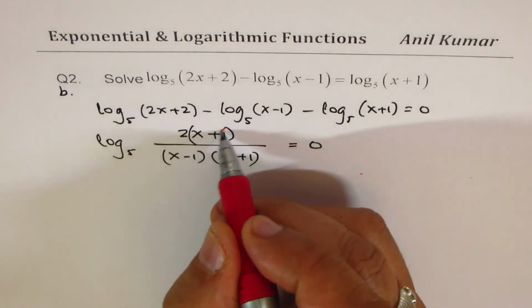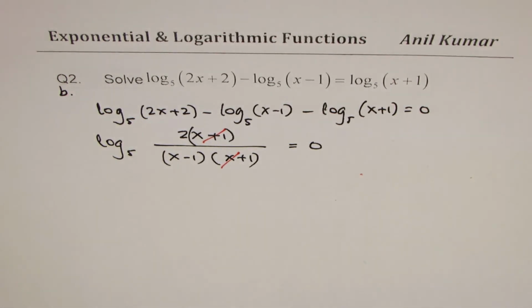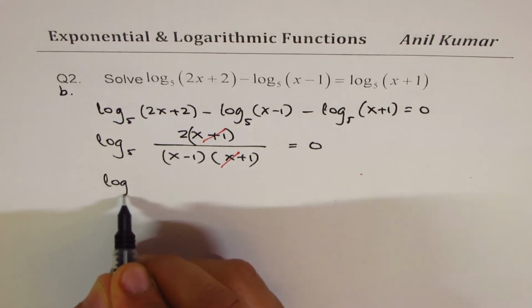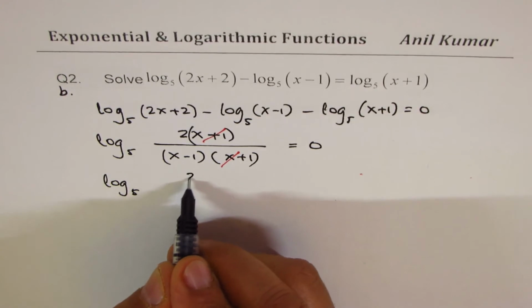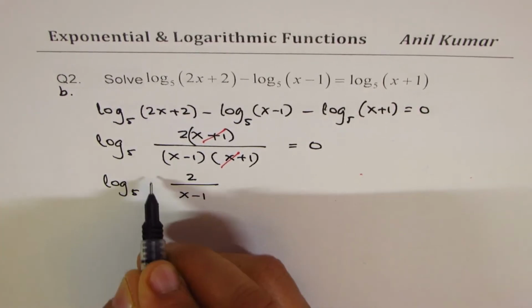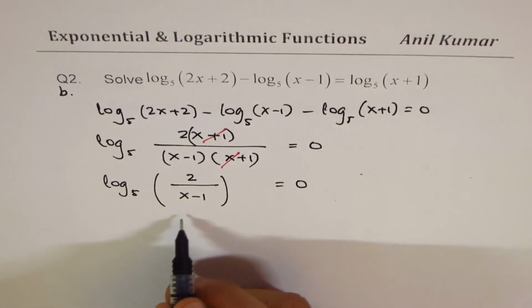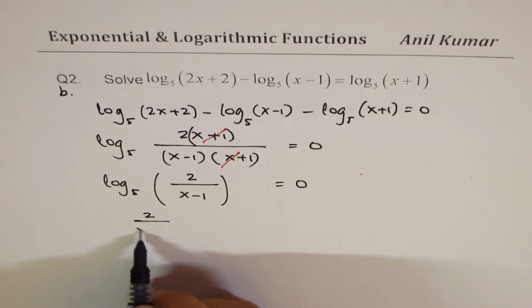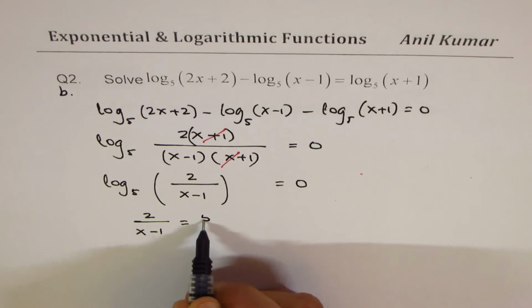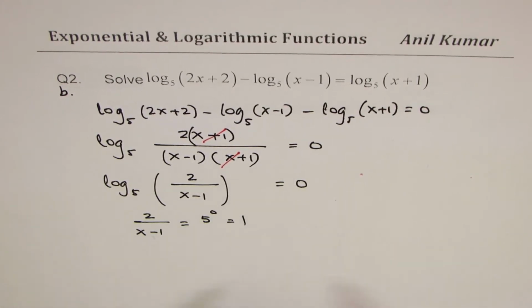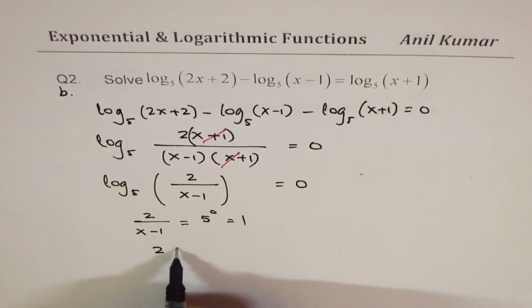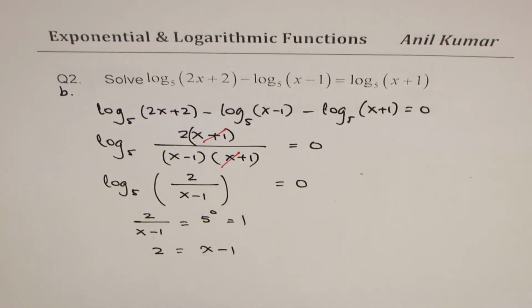Now here x plus 1 cancels. So what we have here is log base 5 of 2 over x minus 1 equals 0. That means 2 over x minus 1 is equal to 5 to the power 0, which is 1. So we'll cross multiply, getting 2 equals x minus 1.